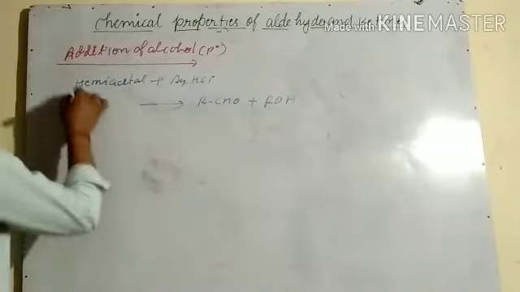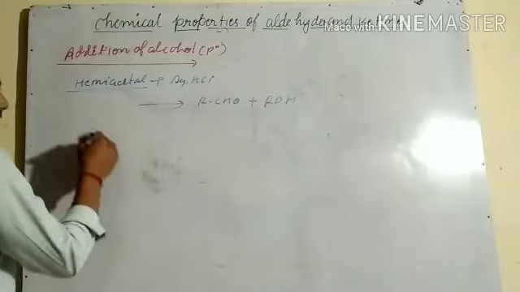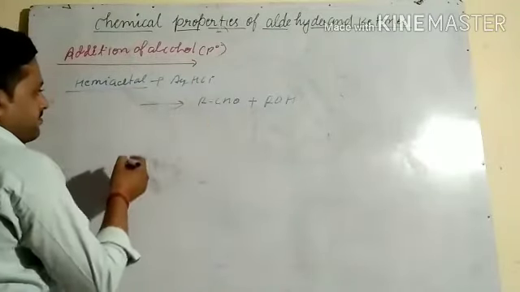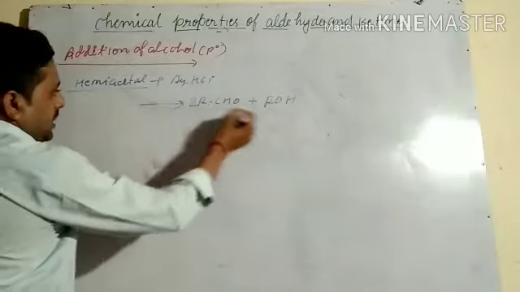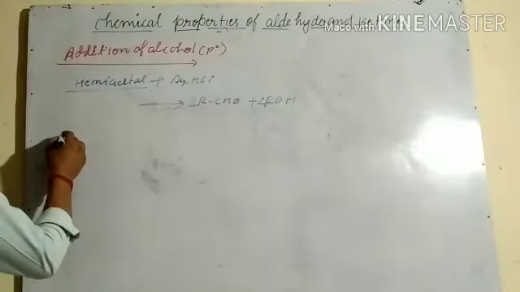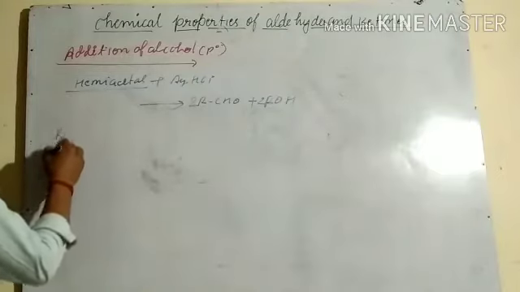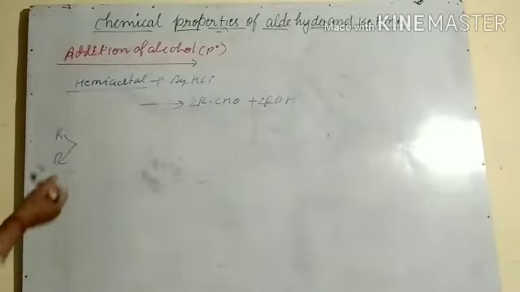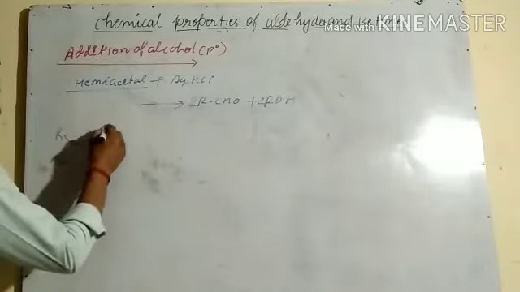If acetal is there, then 2 and 2. And if ketone is taken, it means ketal. So what was the structure of ketal? Like this, I think.